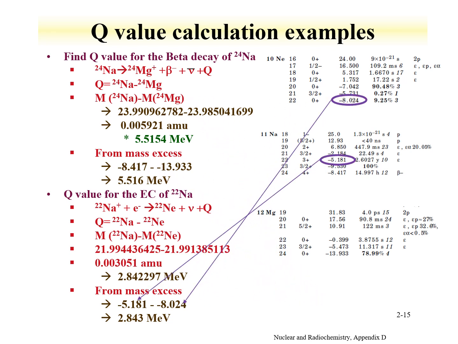From the mass excesses, we can pull them out of here for sodium-22 and neon-22. The difference in the mass excesses is 2.843 MeV, and as you can see, it is in very good agreement with the Q-value calculated directly from the masses of sodium-22 and neon-22.